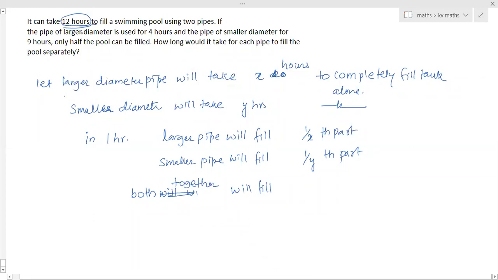That means in 1 hour, how much part of the pool will they fill together? 1 by 12th part.